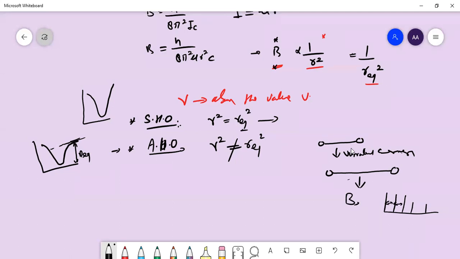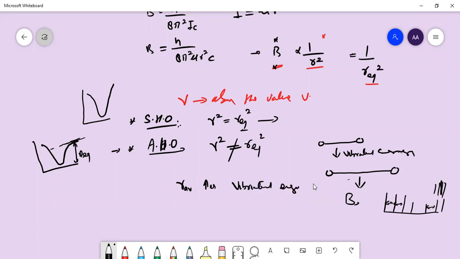However, if the value of B decreases, the gap between these lines will also decrease. So this will affect the spectrum of a molecule. So now let's see. In general, R average usually increases with the vibrational energy.